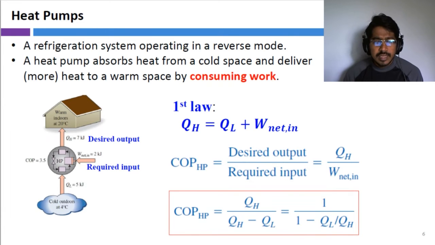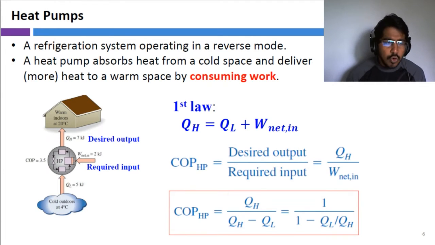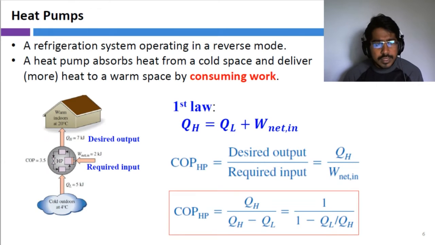So basically, you all know what a heat pump does, right? On a winter day, if we have a heat pump, it absorbs heat from the outer surrounding, and then ejects heat into our house so that we can be warm and cozy, right? So that's what it does. And in this case, this is almost like the reverse of the refrigeration system.